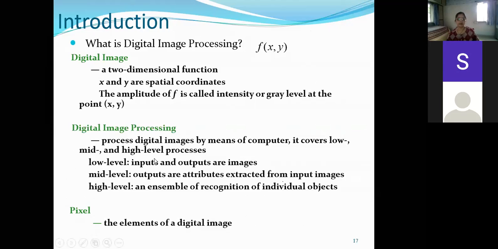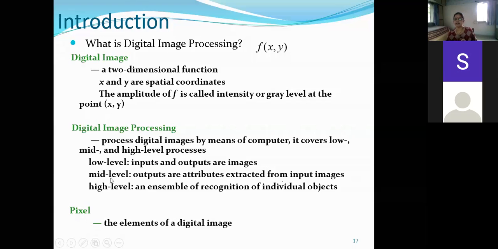The process of removing noise from the text document and sharpening the characters comes under low level image processing. From the captured image we remove noise, and if characters are not sharp, we can apply some image sharpening technique and get another processed image. So this preliminary operation is low level image processing.